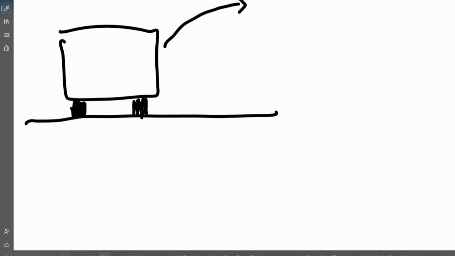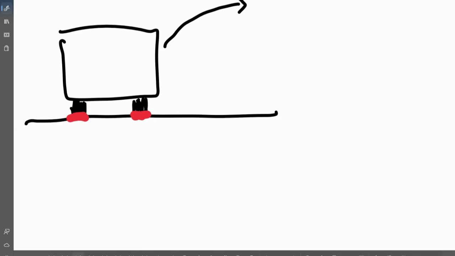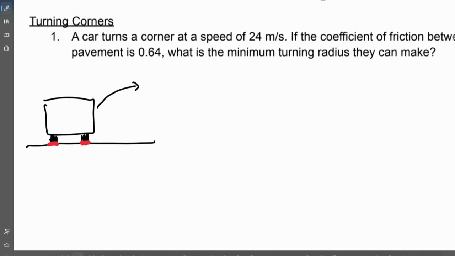Well, what's the only thing pushing it to the right? There's nothing really pushing it, but the only thing actually pushing it is the friction between the tires and the road. So the sum of the forces toward the center, mv squared over r, the only thing letting us turn is the force of friction.